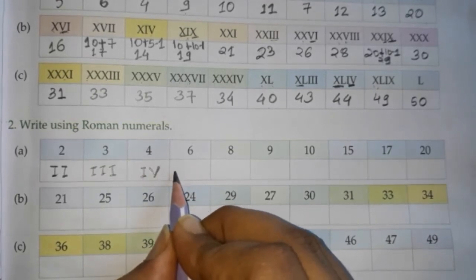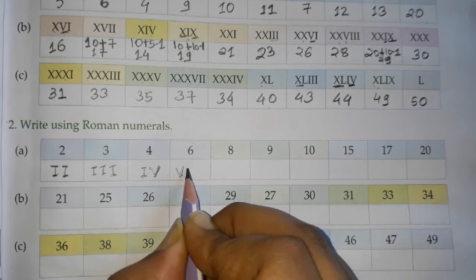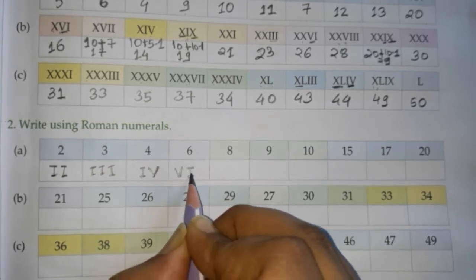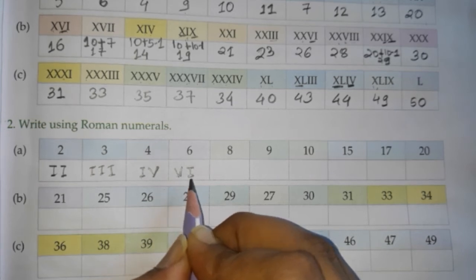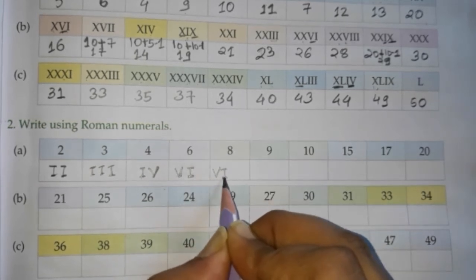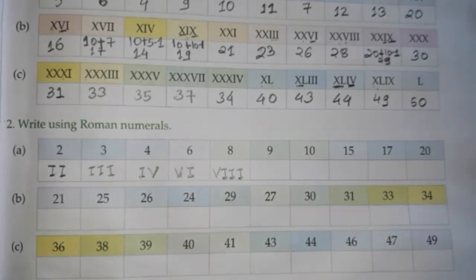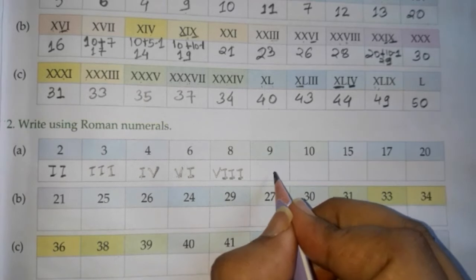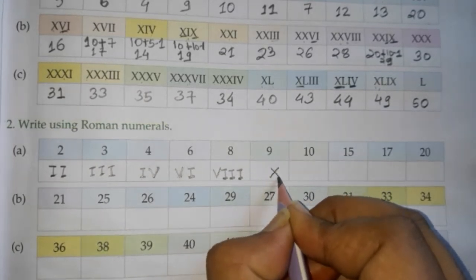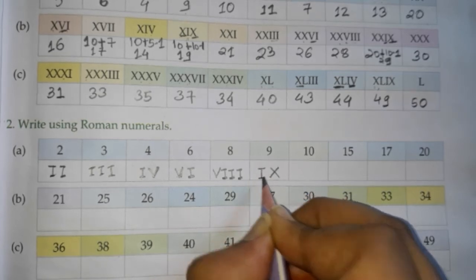Next question is 6. We can write 6 as V means 5, and we are writing I to its right. That means it will get added to it. V plus I, 5 plus 1, that means 6. 8 can be written as V means 5, VI means 6, VII means 7, and VIII means 8. 9 can be written as, according to the rule, if a smaller number is written to the left of the greater number, it will get subtracted.